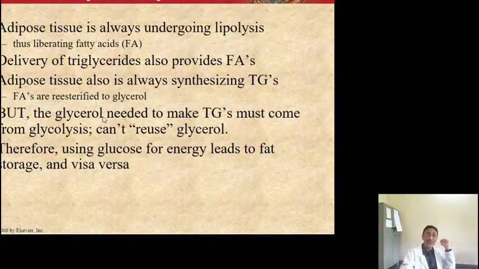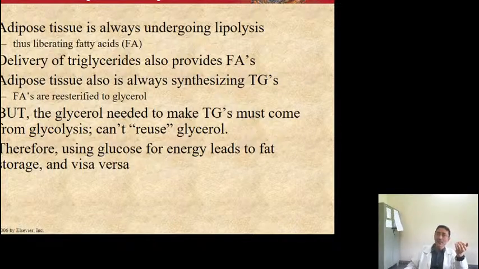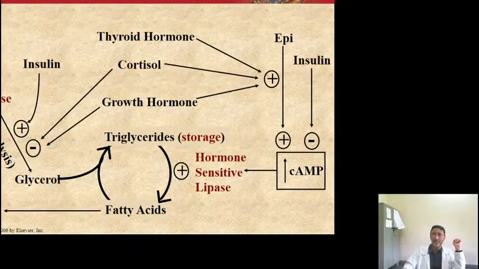But this glycerol needed to make triglycerides must come from glycolysis. Therefore, it cannot reuse the glycerol being generated. So whenever glucose is used for energy, it leads to fat storage. Fat usage for energy leads to glucose storage. So this is the glucose fatty acid cycle.